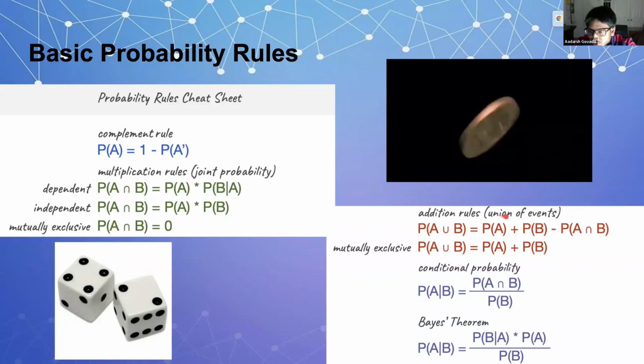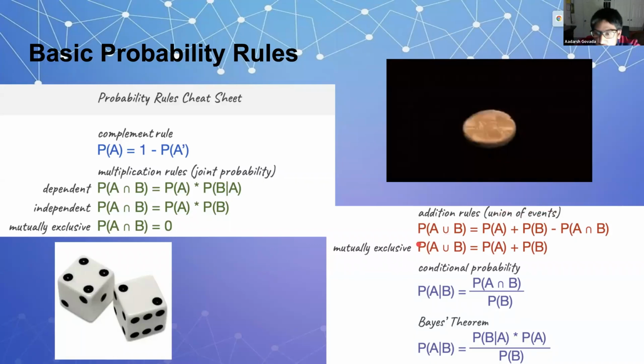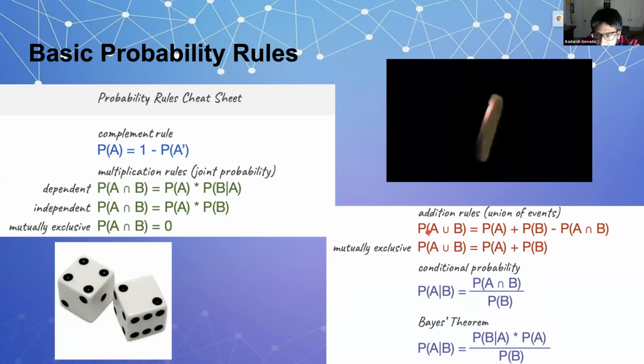All right, here are the addition rules, which are the union of events. So the probability of A or B happening is the probability of A plus the probability of B minus the probability of them both. If we go back to that Venn diagram, think of the two intersecting circles right here.